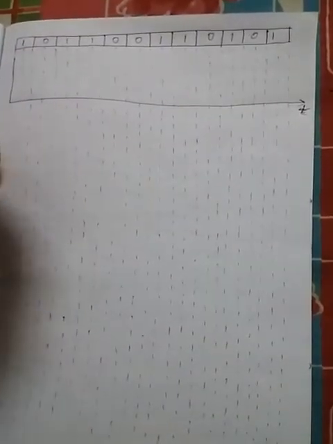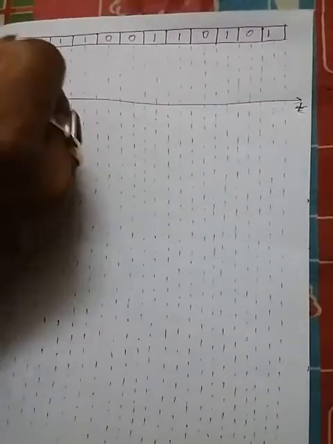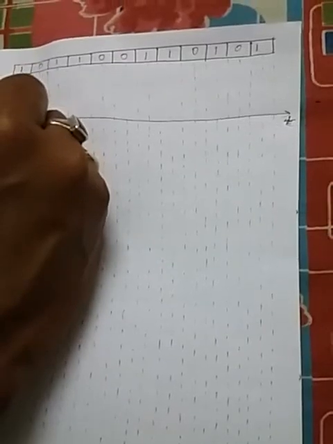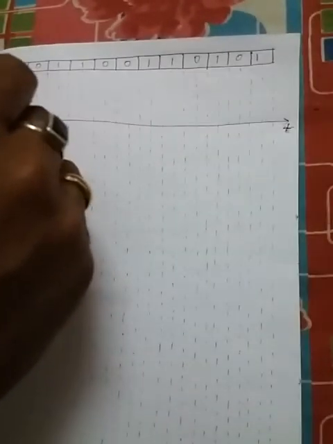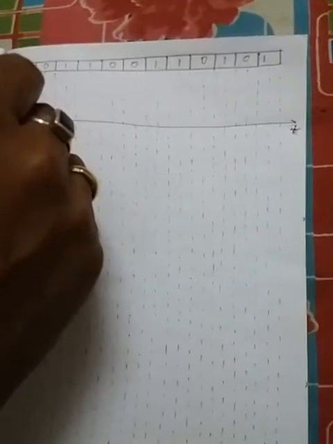For unipolar return to zero type, for the first half of the bit, when it is 1, the amplitude will be A, and in the next half of the bit the amplitude will be 0. Again, when it is 0 there will be no amplitude.